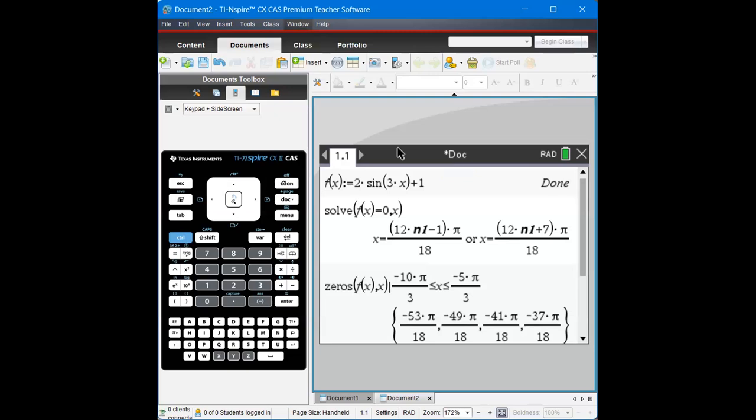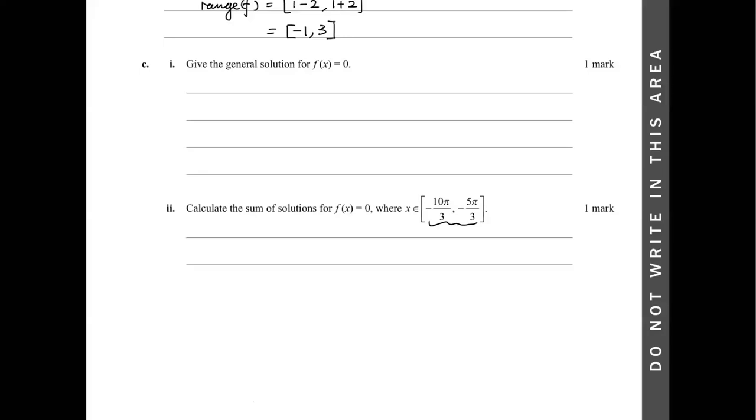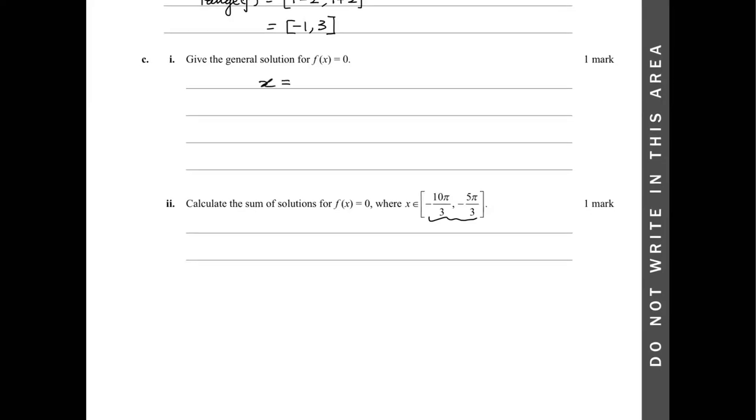So basically, you can just copy your screen for these two parts. Another 2 easy marks. So let me get back to my paper and show you what we're going to write. Okay, remember, for general solutions you have to specify your domain restrictions, like x equals 12k, or 12n, whichever letter you like, times pi over 18, or x equals 12k plus 7 times pi over 18.